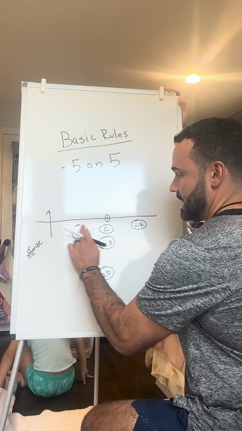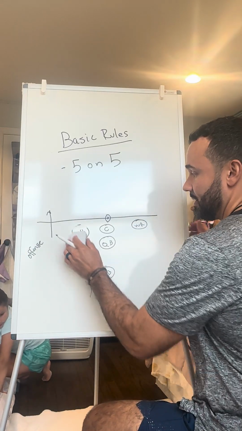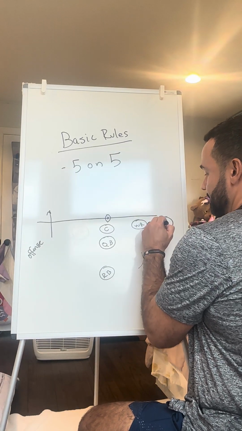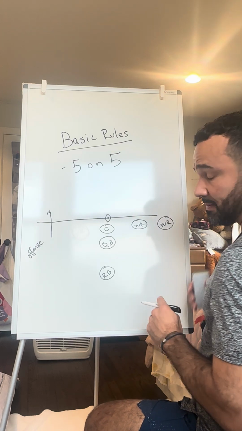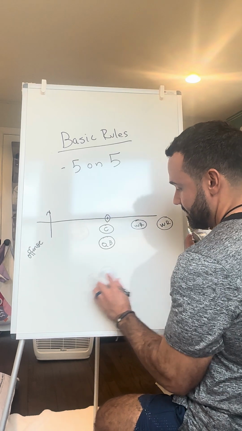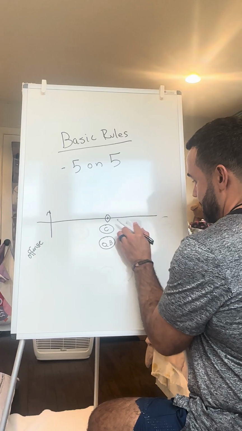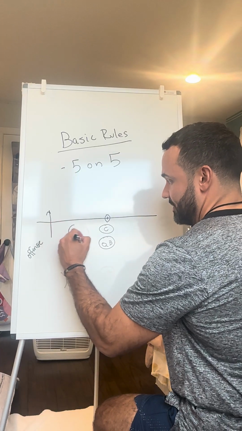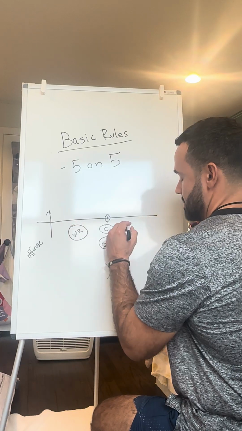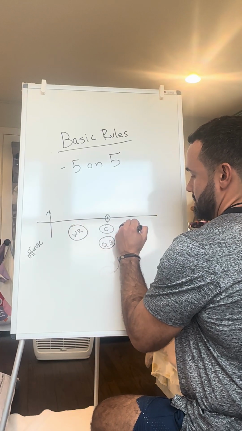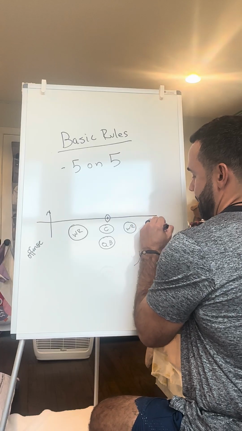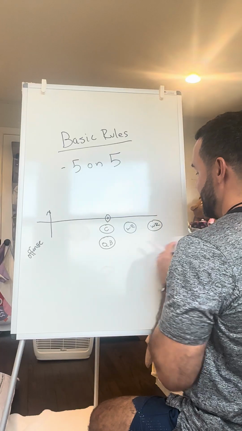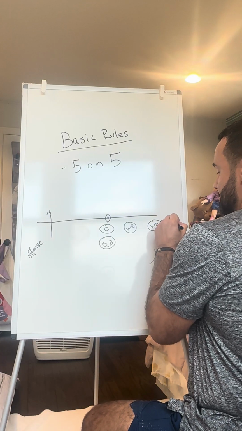Sometimes, instead of having them even, we might put them on the same side of the ball. Sometimes we might not have a running back and instead have a wide receiver here, wide receiver here, wide receiver here. Sometimes we'll have no running back and three wide receivers on the same side.